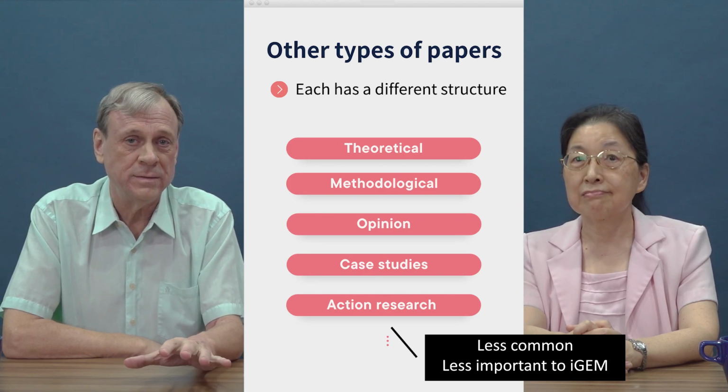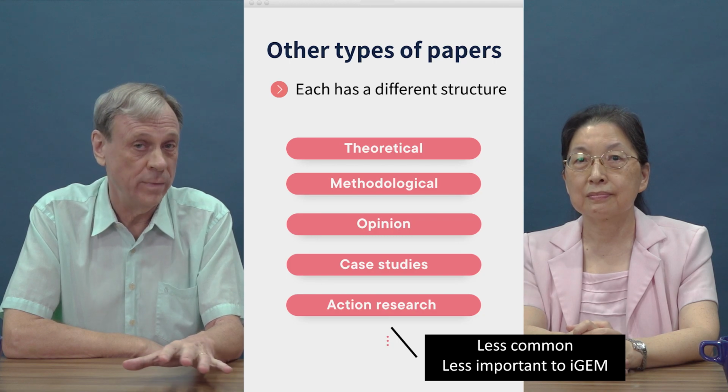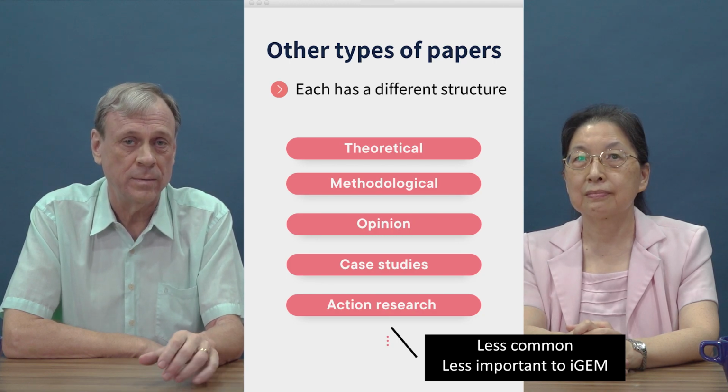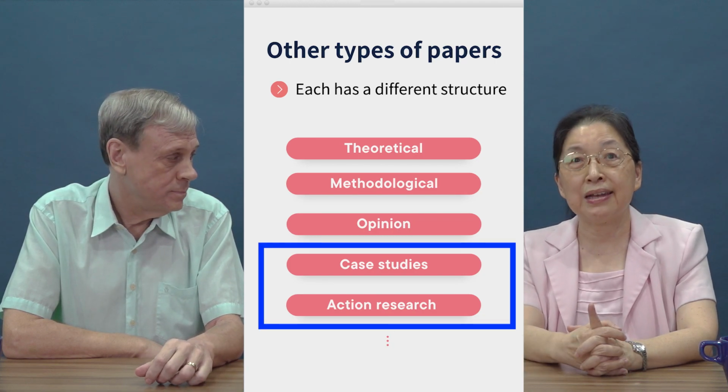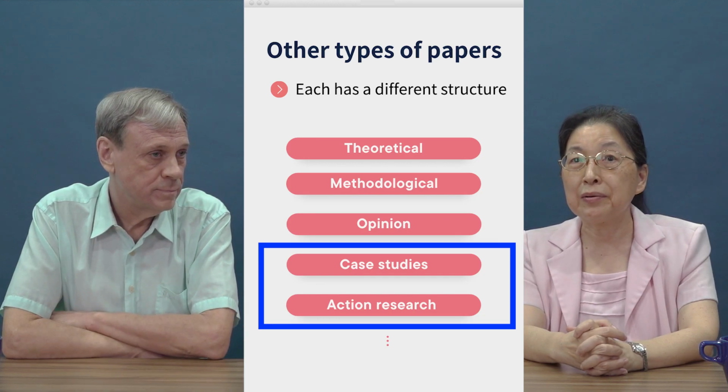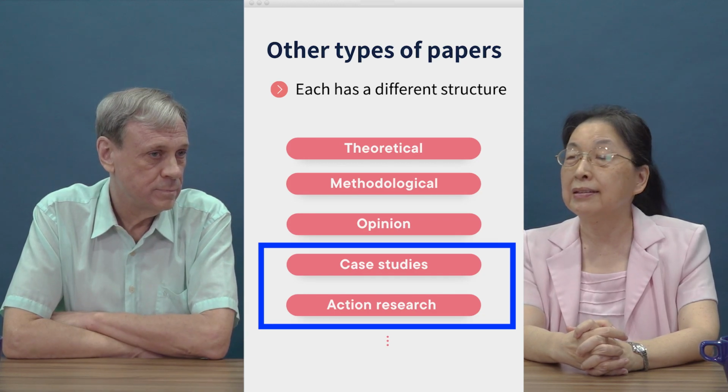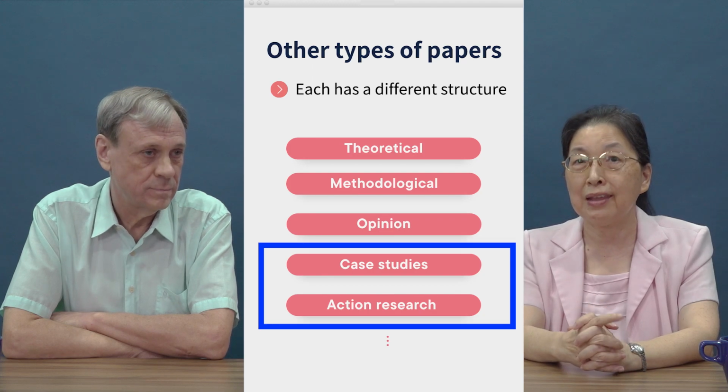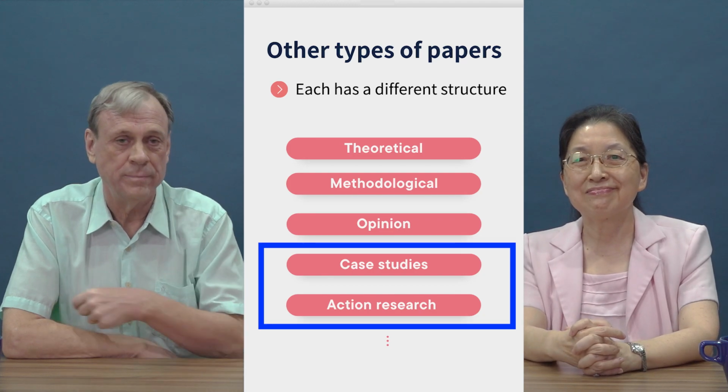But recognize that there are many, many other formats than those that we're going to talk about. But case studies and action research are very commonly done in social science, especially in education. Right. So again, we'll talk in the next few videos about the structure in more detail and how to read these different types of articles effectively.